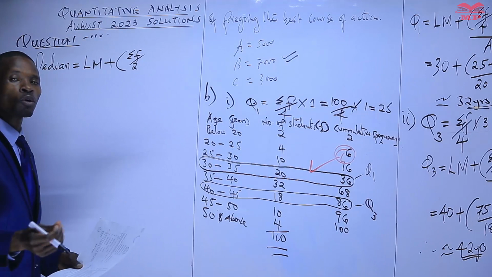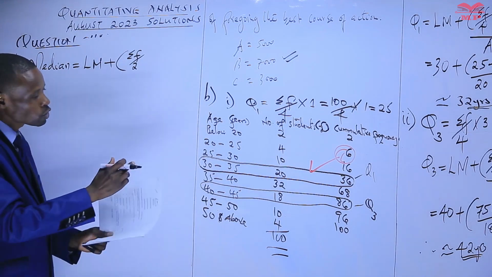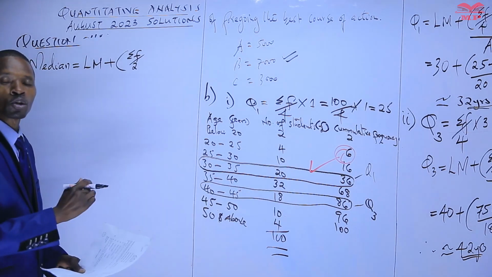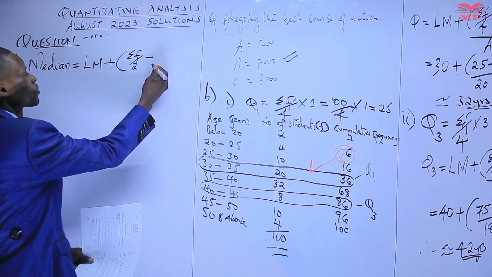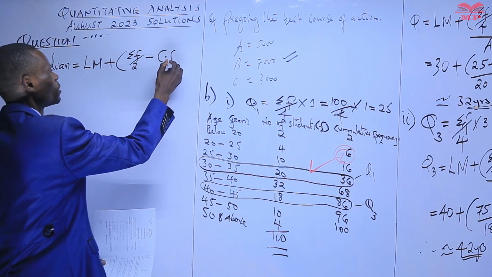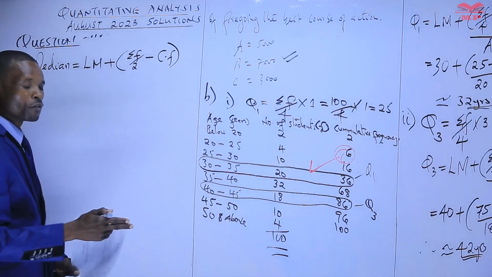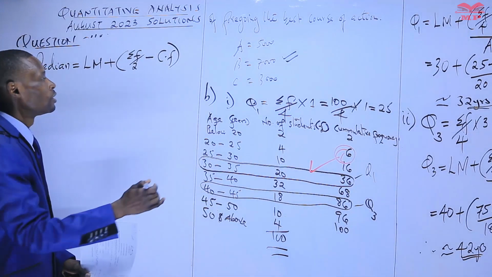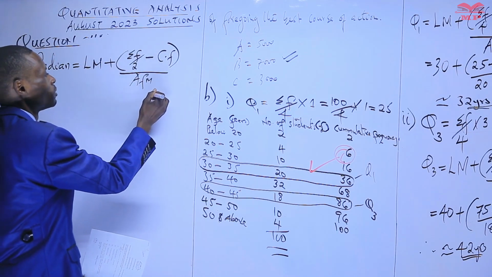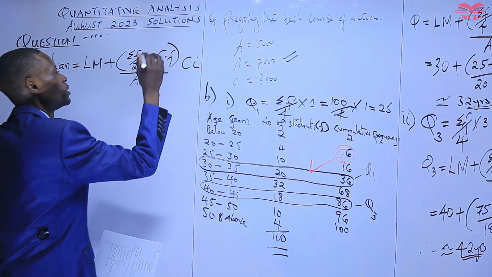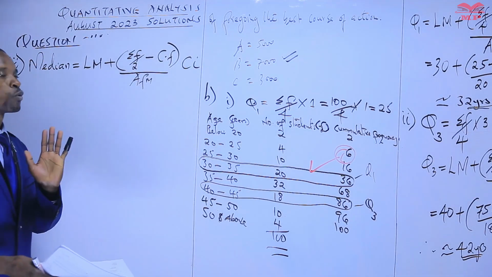It is the median, so we divide the summation of frequencies by 2 so that we can get the median, minus the cumulative frequency which is above the median range, divided by actual frequency. Then I multiply with the class interval or class width.